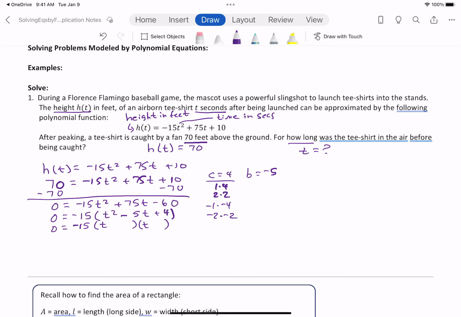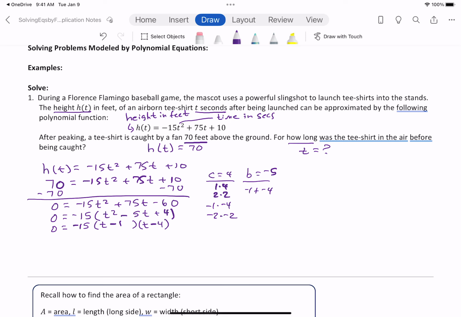You can probably see why I went back and added those factors, because 1 plus 4 won't be negative 5, and neither will 2 plus 2, right? So we need the negative 1 plus the negative 4. So over here we're going to write this as t minus 1, t minus 4 for my factorization.